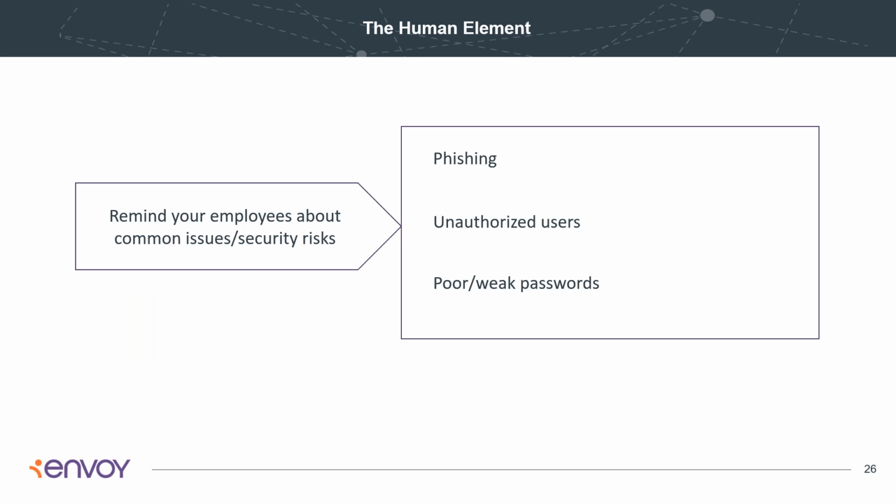And then, again, some other risks that you have to remind your workforce about. We hear these phrases a lot: phishing, unauthorized users, and poor passwords. So again, it reiterates that while the tech is there, look for tech features that can protect documents as well, and also remind yourself about the workforce, as Mary just mentioned.